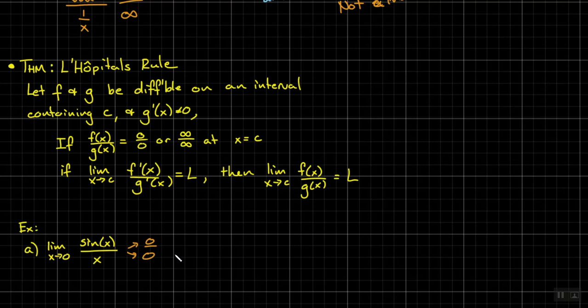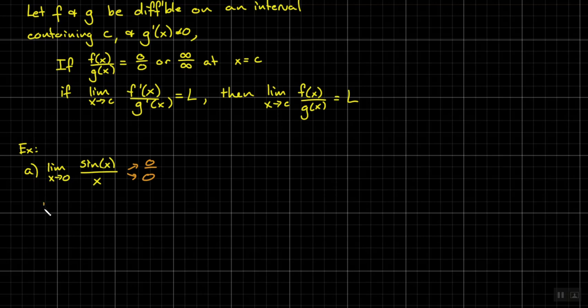Yeah, so all we have to do to evaluate this limit is take the derivative of the top and the derivative of the bottom. What is the derivative of sine x? The limit as x approaches 0, what's the derivative of sine?